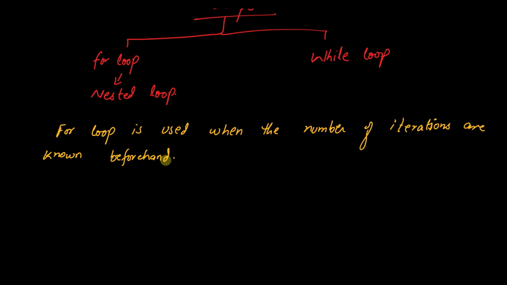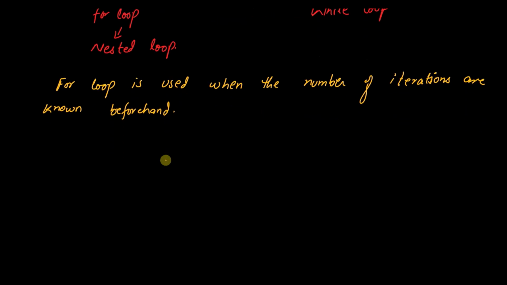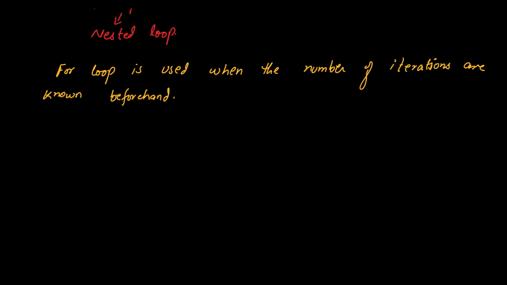Okay, let's discuss the syntax of a for loop. Firstly, we are going to use the word for, which turns blue automatically. Then we have some variable name. Then we have the start value.